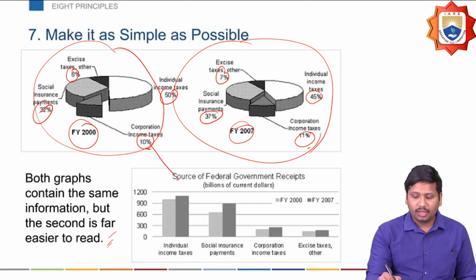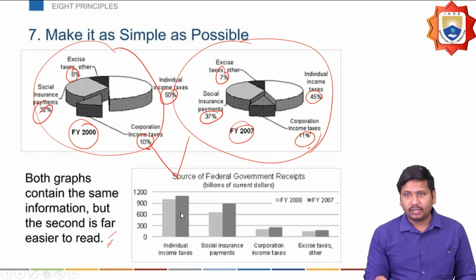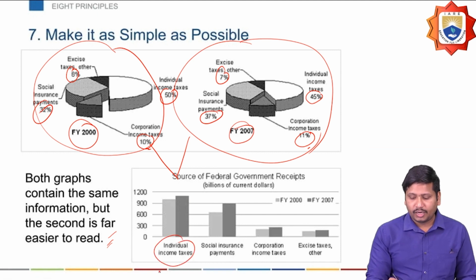For the same thing, I am going to represent it in the form of bar diagrams. Individual income taxes, in 2000 this, and this should be 2007. By seeing this graph, how much the taxes will be should be easily identified.